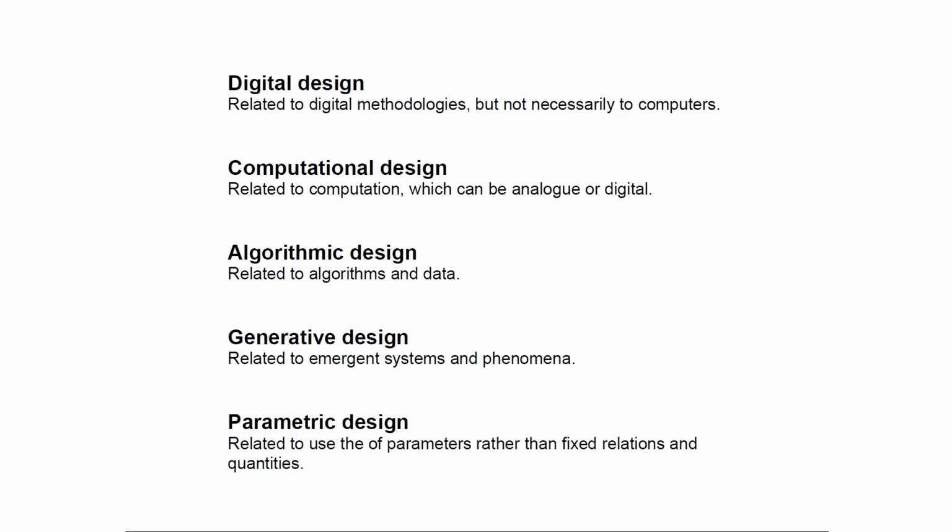And then maybe the easiest term to explain, at the very end, is parametric design. Parametric design is related to the use of parameters rather than fixed relations and quantities. You talk about parameters from which the design is derived, and we make these parameters explicit and operative.